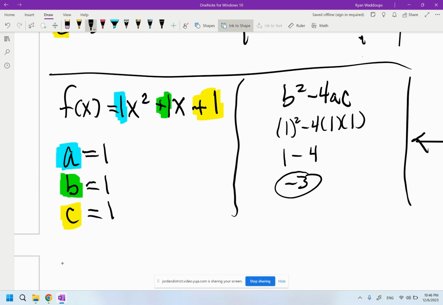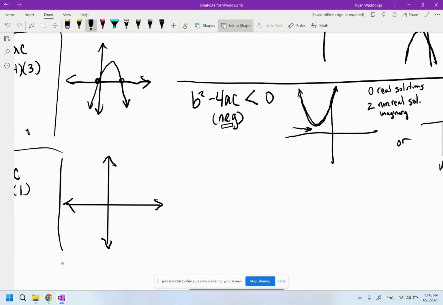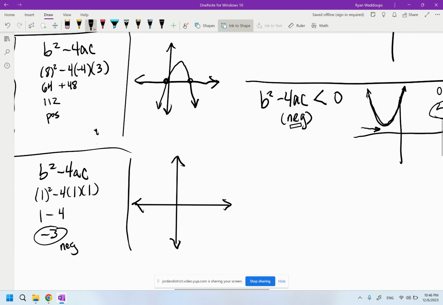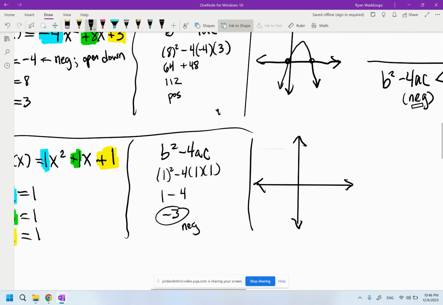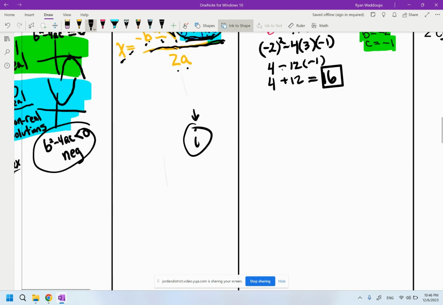So that negative 3, the fact that it's negative, we go over here, once again, review. We look, if my discriminant is negative, that means that it doesn't touch the x-axis, that I would have 2 imaginary solutions or 2 non-real solutions. Because remember, hey, if my discriminant is negative, we go back over here to think, what is the discriminant again?